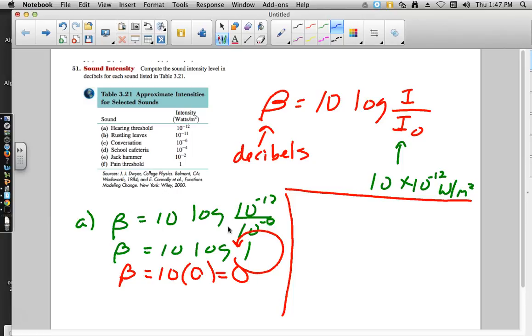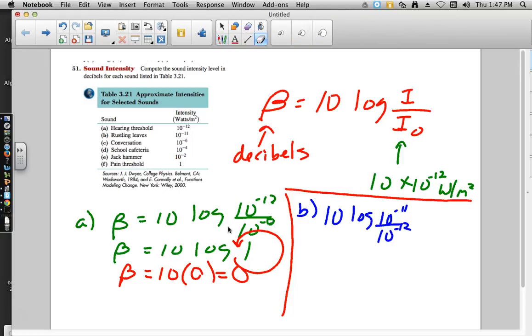And then for B, we have 10 to the negative 11. So 10 times the logarithm of 10 to the negative 11 over 10 to the negative 12. And now we know that when we have powers that have the same base, we're going to subtract the exponents for division.